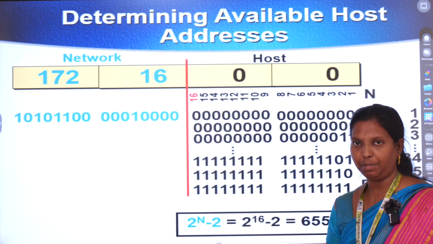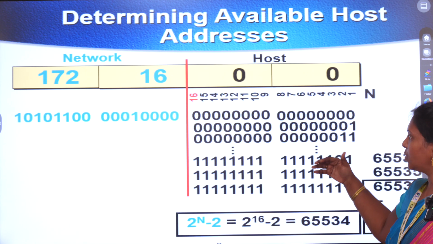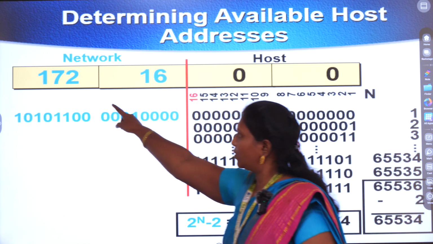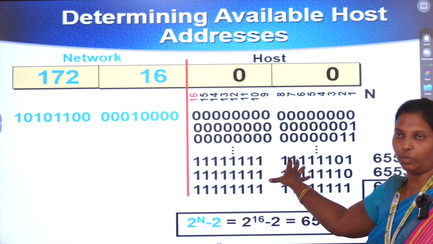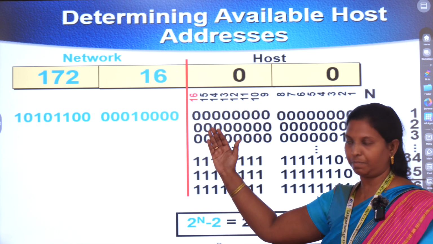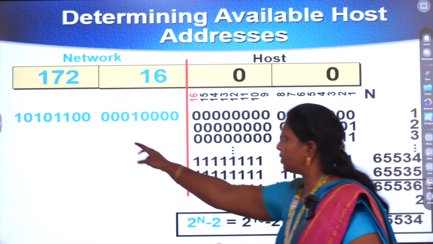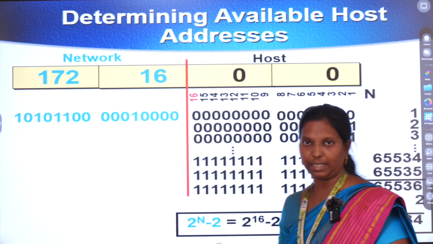And this is an example of how we can convert binary to decimal. Here it's a combination of 172.16.0.0. As mentioned, this is a host address, and it is class B. As you know, the first 2 bits are for class B. Here 172 has a decimal notation and a binary notation, and 16 also has a binary notation.